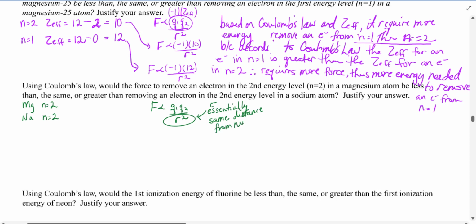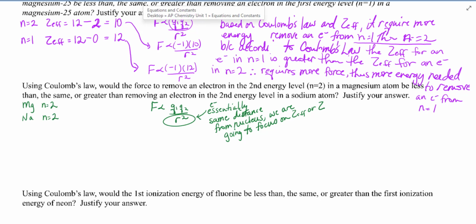And because it is the same distance from the nucleus, we are going to focus, as far as our justification is concerned, on charges, on effective nuclear charge. Or number of protons. You can just do that too, and that would probably be a better one.